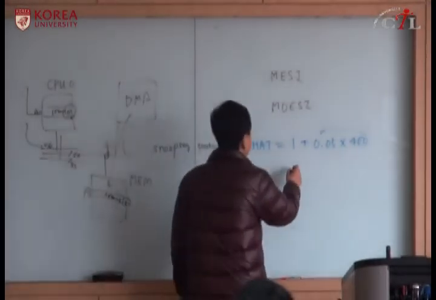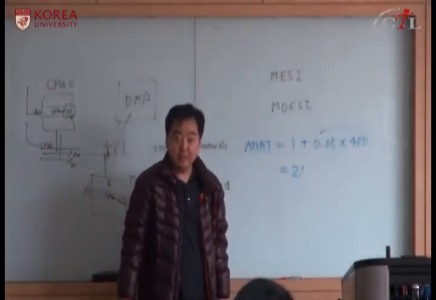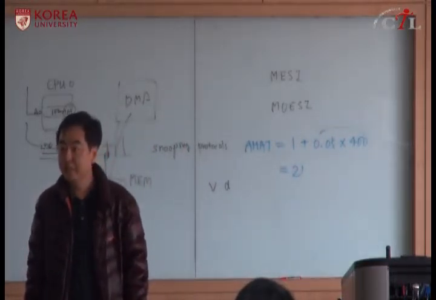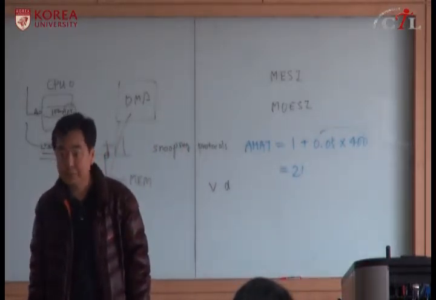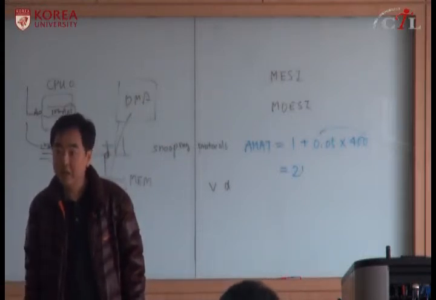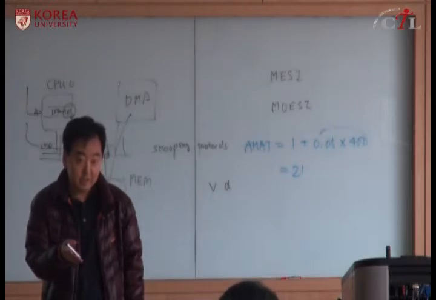So it becomes 21, right? It's very slow, too slow. So for this system, first level cache is not enough, right? You need extra level cache to reduce average memory time, right?